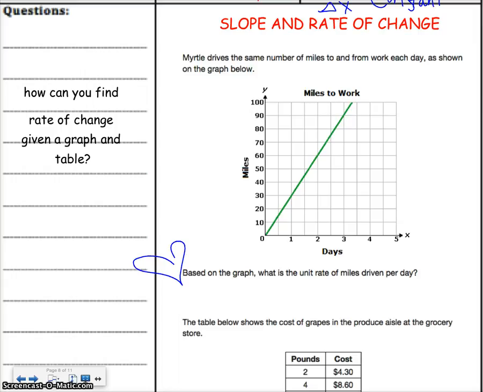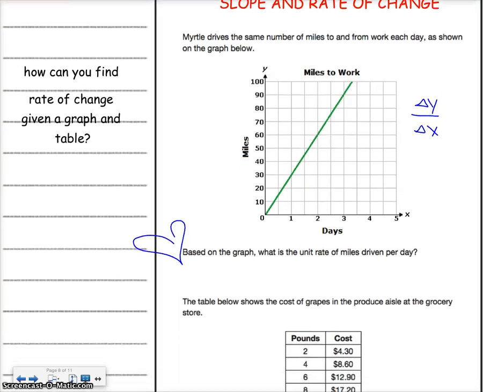What I'm expecting you to know now is I'm going to give you a real-life application of a graph, and you're going to take your knowledge of slope and identify the slope of it. Remember, change in y over change in x. You're going to have to be cautious on scaling, though. Scaling is not always by 1. So you have to check how it is scaled.